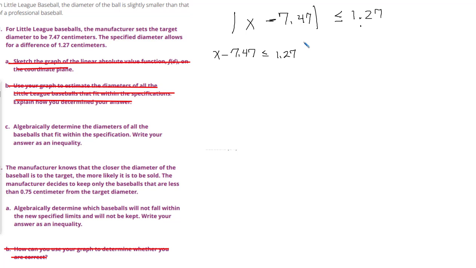I said that if you use his method, it's going to make it easier going further. So we are going to change all the signs inside the absolute value on this one. So we have negative x plus 7.47 is less than or equal to 1.27. Now, the next thing: anytime it's a less than, you're going to write and.